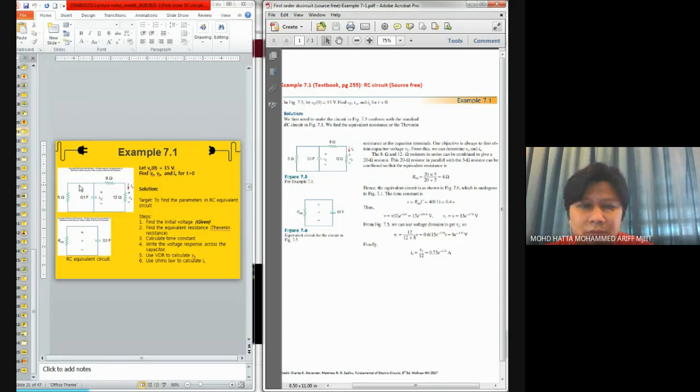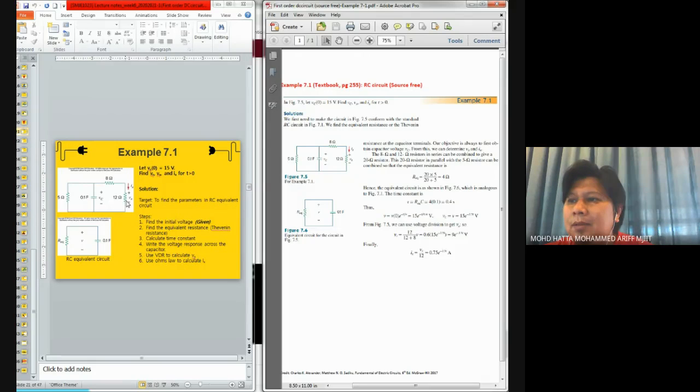So don't panic. Have a look at the circuit arrangement carefully, and you know that this is a parallel connected circuit. That means if you know the voltage over here, it's easier to get information for the other branches. That's why we use the voltage divider rule to calculate Vx.